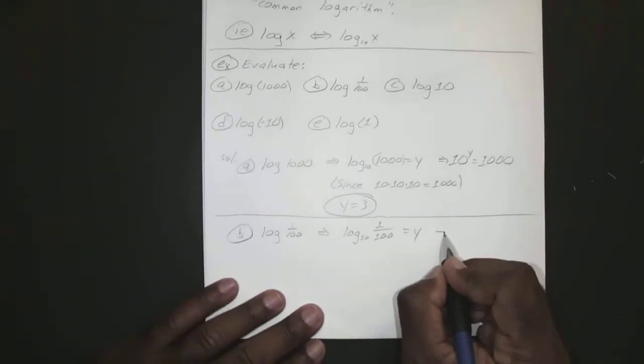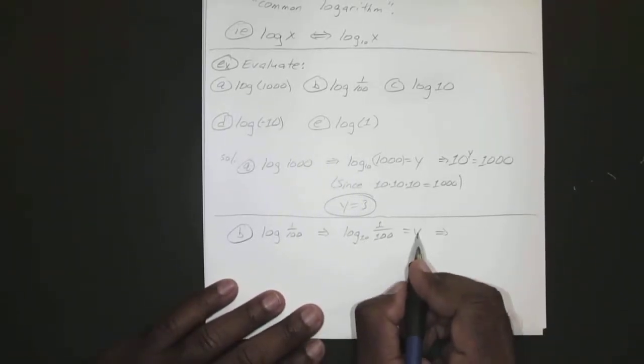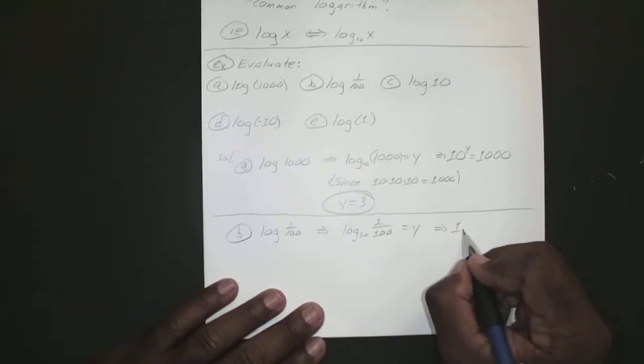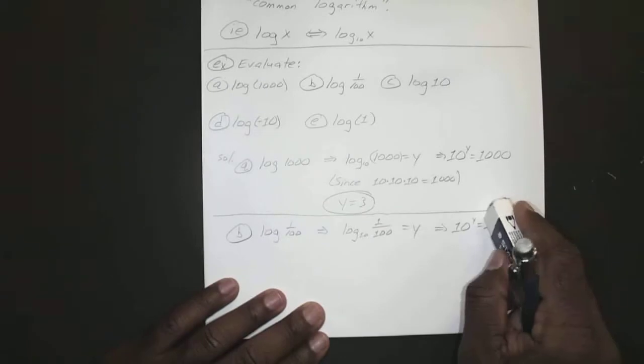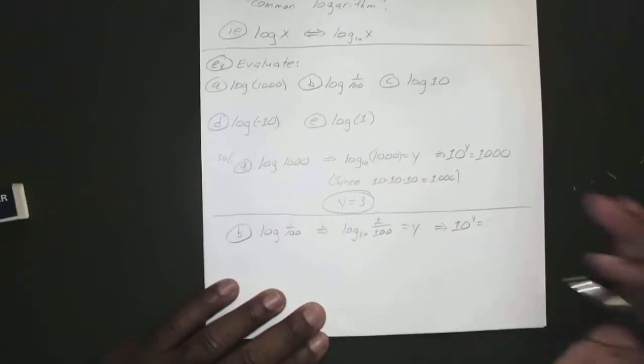Okay, and that gives us 10 to the power of y equals 1 over 100.